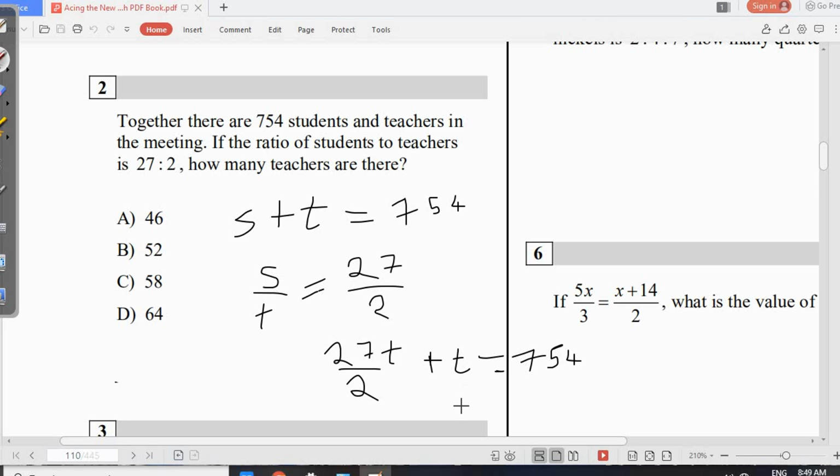But just because we don't intend to use a calculator, we can easily solve this this way: 27t plus 2t equal to 2 times 754. 2 times 754 will give you 1508.